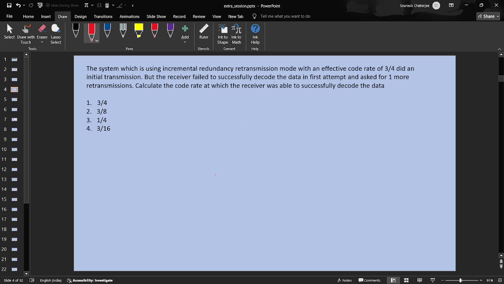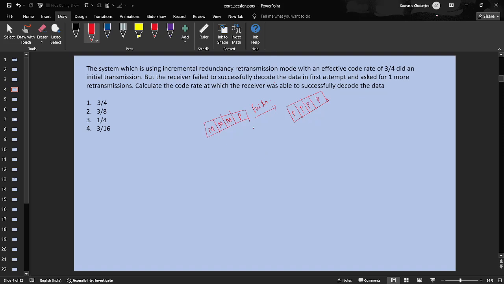Okay, let's first see, if we call 3/4 the effective code rate, that means I can write it like this. If I have 4 bits, in the first transmission I am sending 3 message bits and 1 parity bit. The receiver fails and asks for a retransmission. In the redundancy version, we are now sending 4 parity bits.